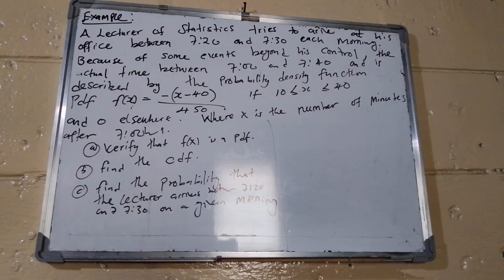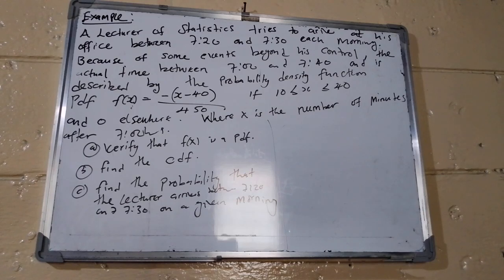Because of some events beyond his control, the actual time is between 7 hours and 7:40 and is described by the probability density function, PDF, equal to that.